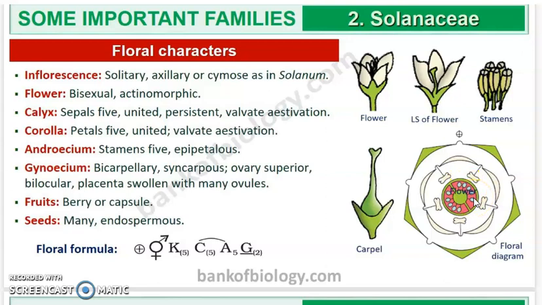And how is the placenta? It is swollen with many ovules. You can find blue color structures in that picture, right? So these are all ovules. These blue color structures are the ovules, and the placenta is seen in the center portion.